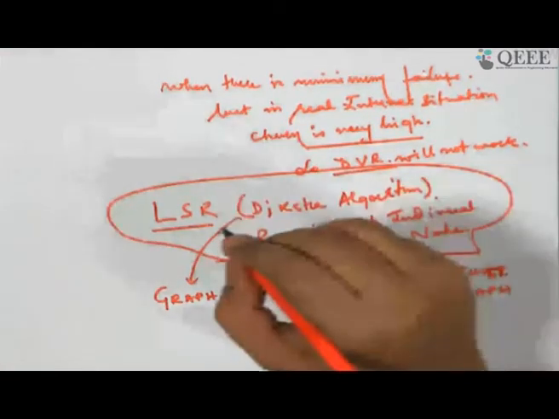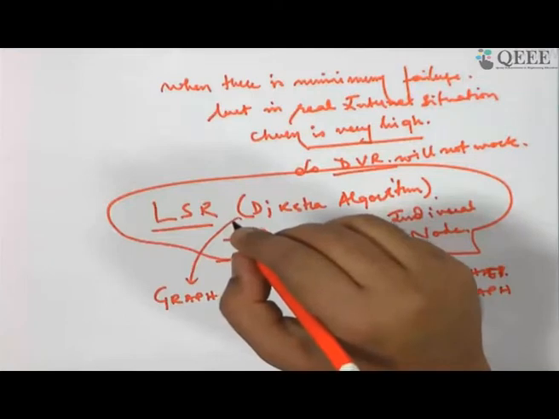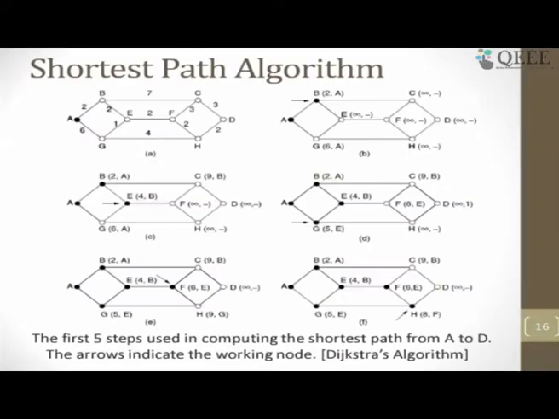This is what the Dijkstra algorithm does, where you have a graph and every link has some weight.